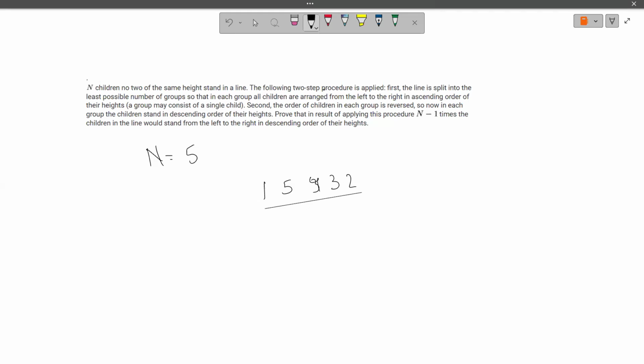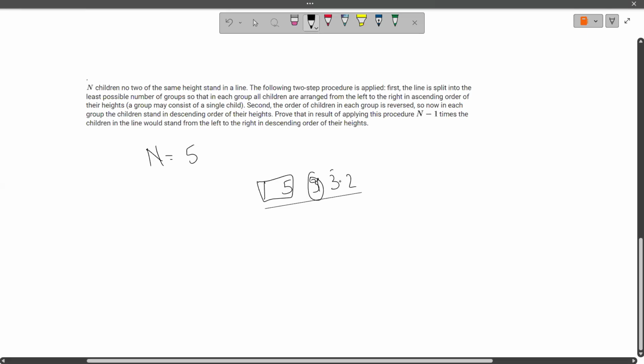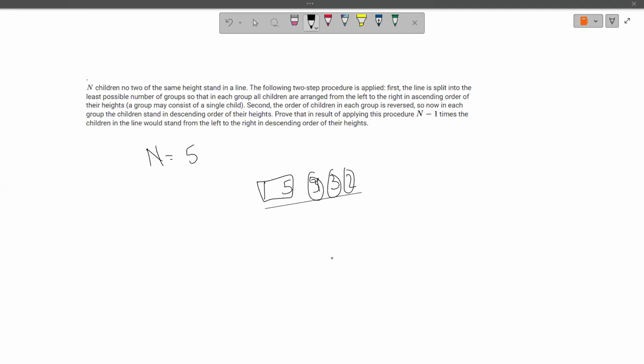Can you tell me what the groups will be here? I think we'd have four groups. The first group has 1 and 5. Then you have 4, 3, and 2 in their own separate groups. That is correct, since 4, 3, 2 are not in ascending order from left to right, they have to be in separate groups.